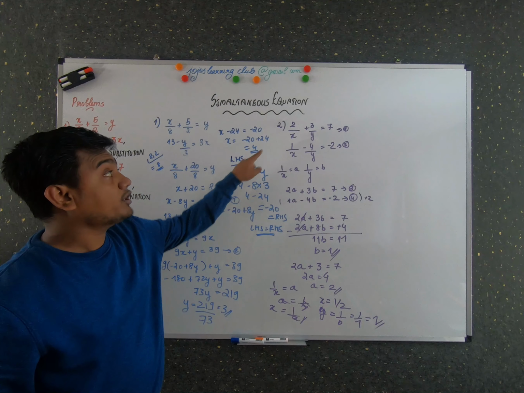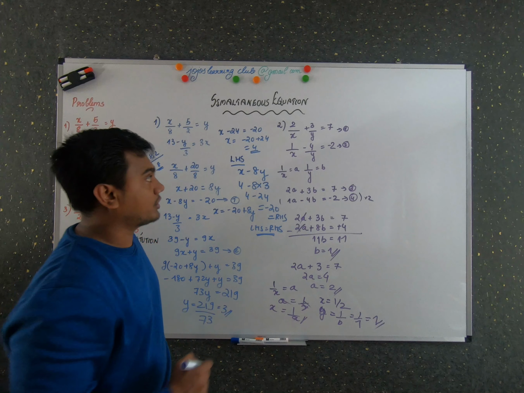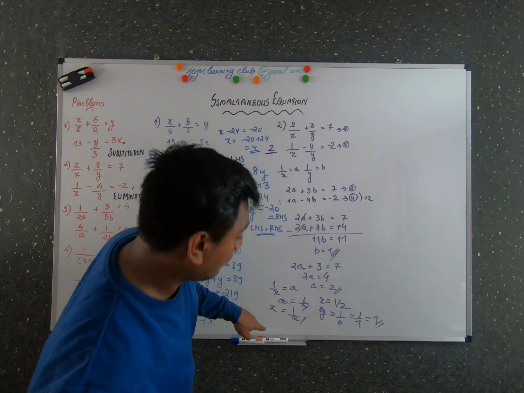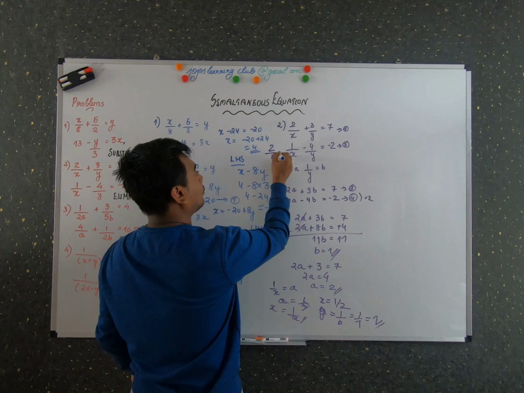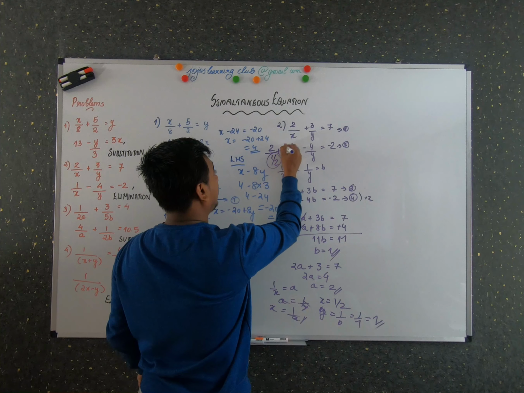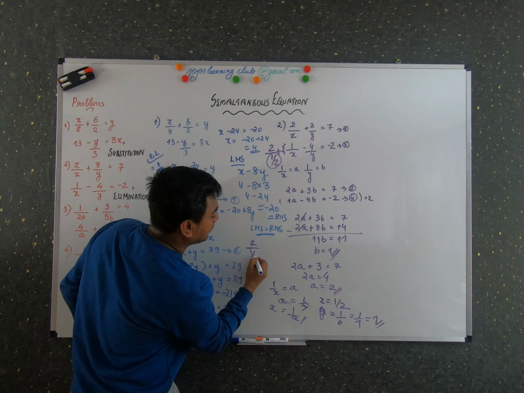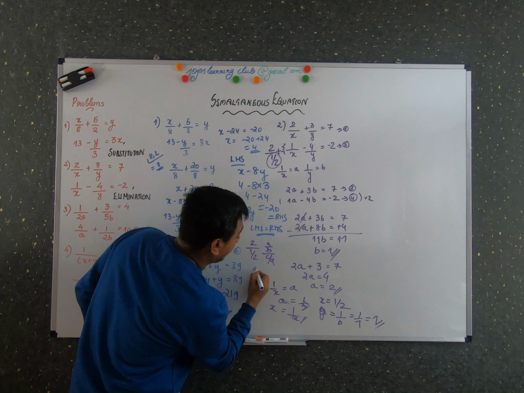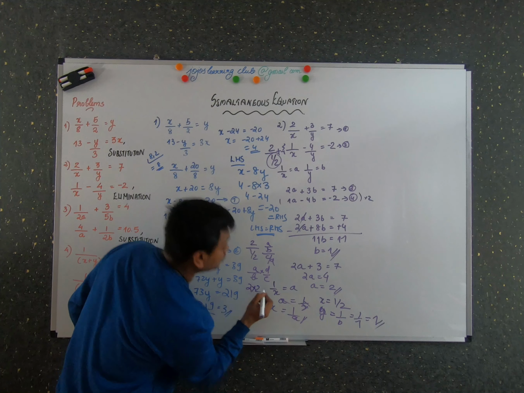And now we have to check whether the values which we obtained are correct or not. So substitute in this equation. 2 by 1 by 2 plus 3 by 1. So 2 divided by 1 by 2. Any number divided by 1 by 2, what happens? Remember the formula: a by b divided by c by d is a by b into d by c. So when the fraction goes to the other side, it becomes 2 into 2.